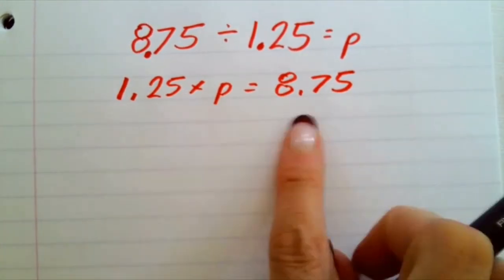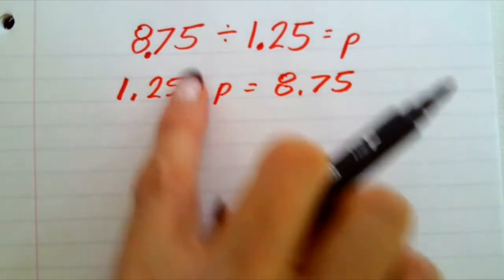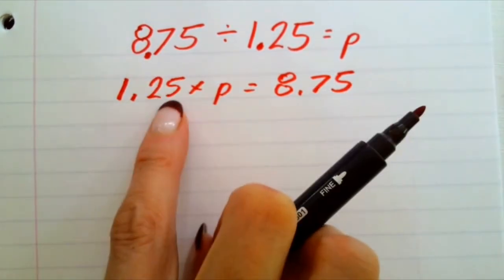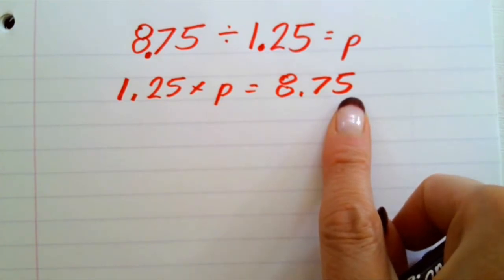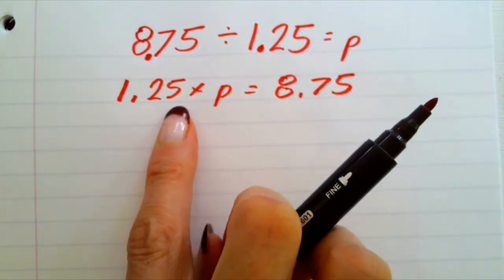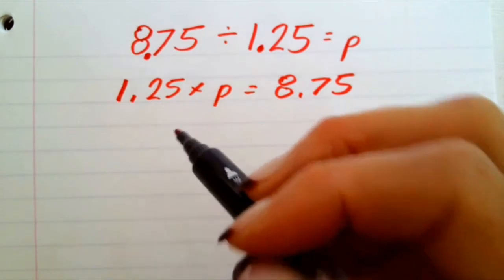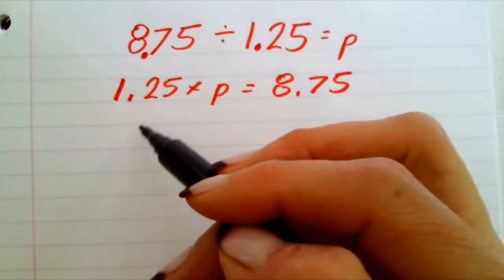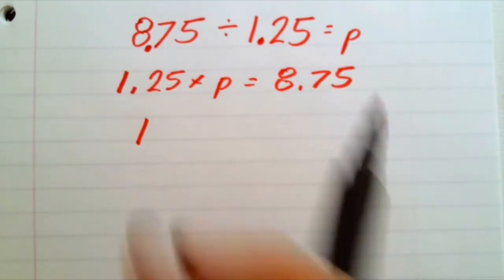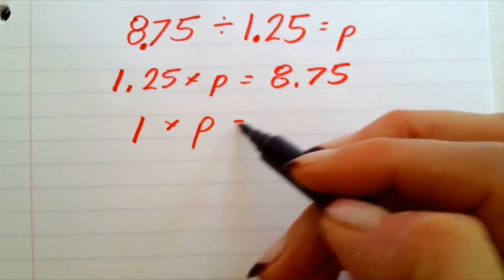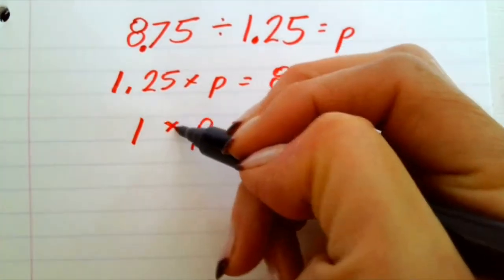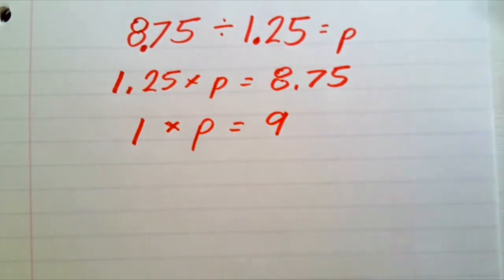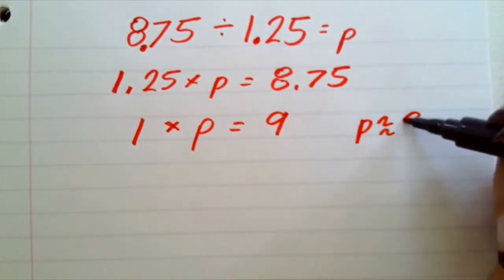So we can think about and guess how many times 1.25 goes into 8.75. I could try rounding. 1.25 is really close to 1, and 8.75 is close to 9. So P might equal 9.